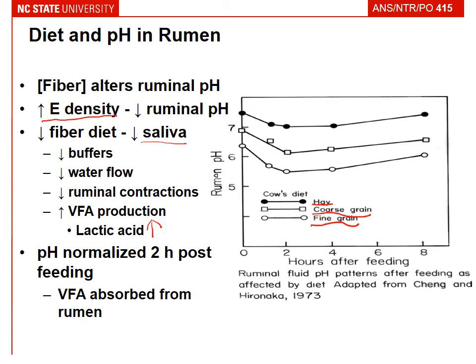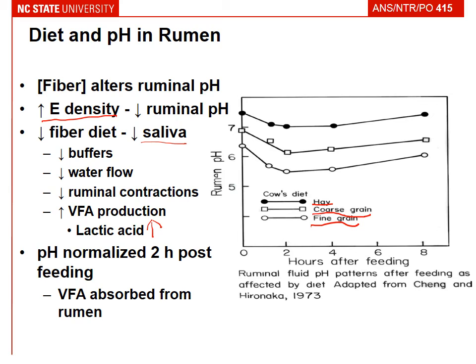So why is that happening? Well, our higher energy density ends up also having a lower amount of fiber. So the lower amount of fiber we have, we end up decreasing the amount of saliva. So why is that affecting the pH in the rumen? Well, if you remember, especially with ruminants, the majority of their saliva is coming from the parotid salivary gland, and that salivary gland is providing a serous saliva, which is mainly made up of water and buffers.